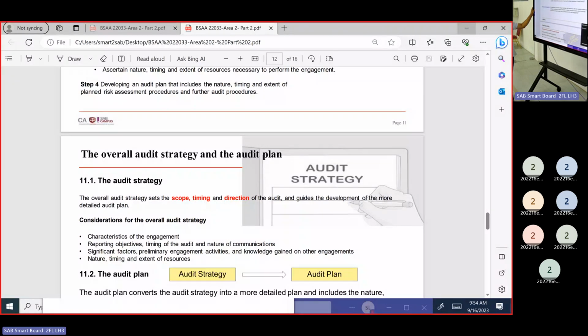What do you mean by audit strategy? First, you have to decide the audit strategy. Then only can you decide your audit plan. Now we are going to do the audit plan, right? Preparing the audit plan.